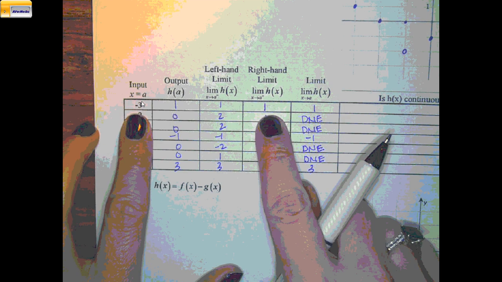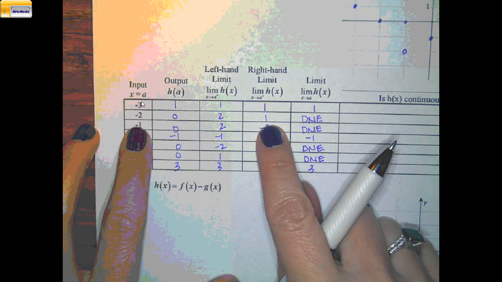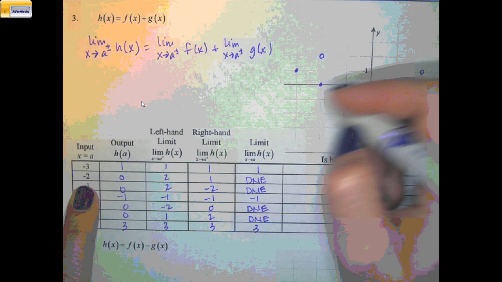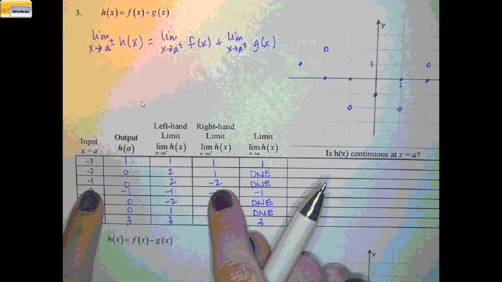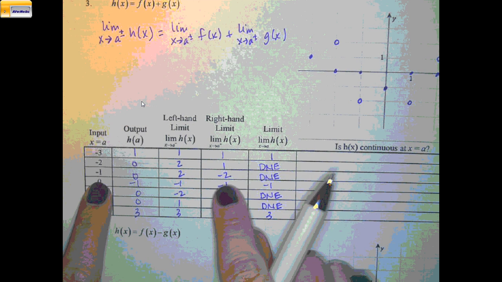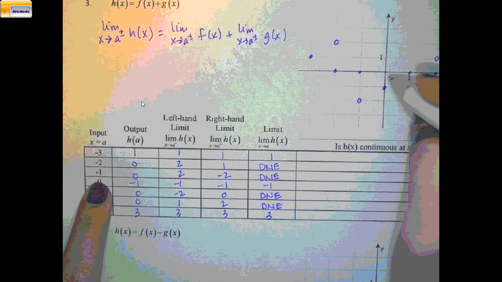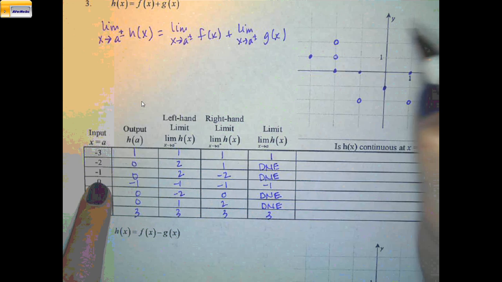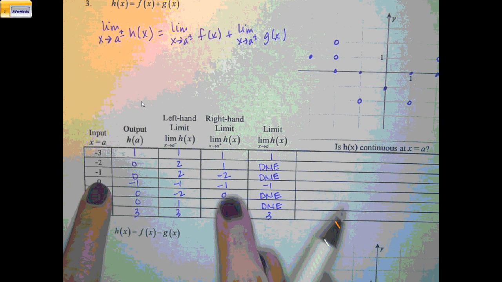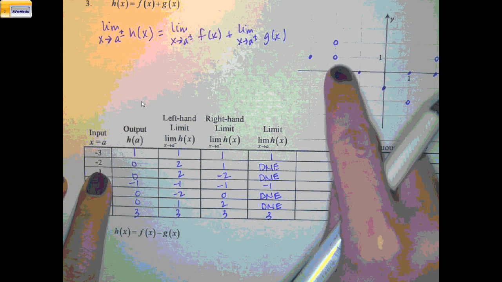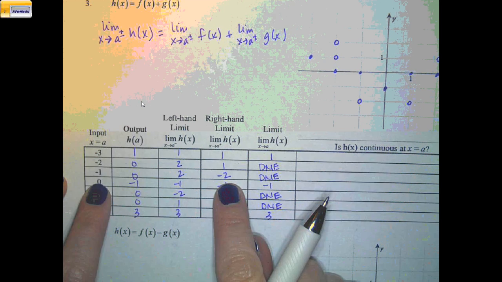-3, 1, we've already got a point plotted there. -2, 1, we've already got an open dot. -1, -2, we're going to have an open dot there. Oh, -2, -1, I'm sorry. -2, +1, sorry. -1, -2?